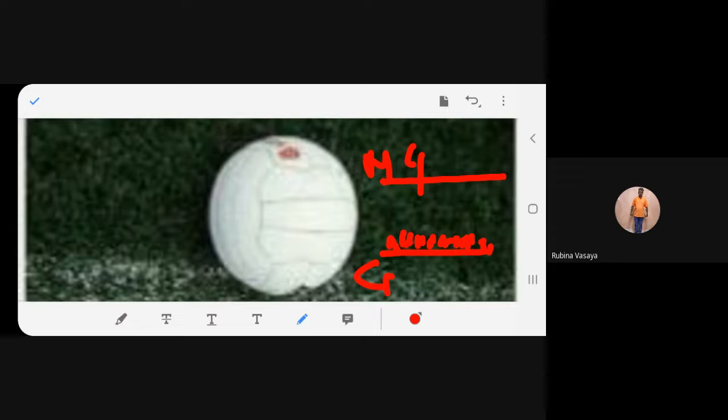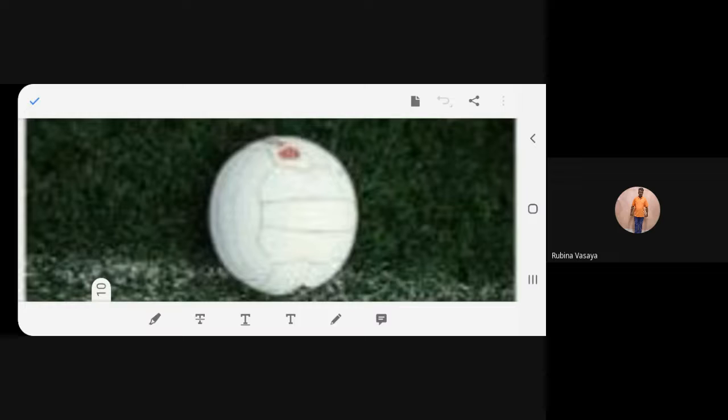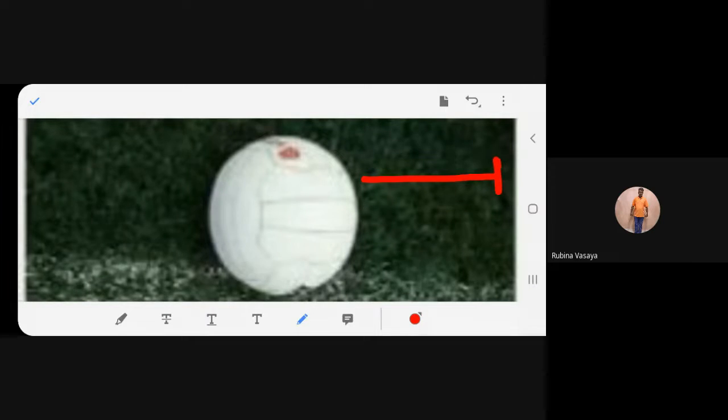So where will be more friction? With grass. So you can see over here, if the ball rolls onto the smooth surface it comes over here, and the ball that rolls over a rough surface, that is the grass surface, will stop over here. You got my point? That is the difference.